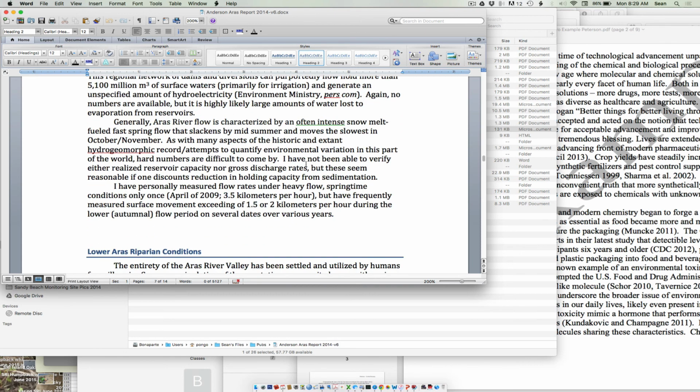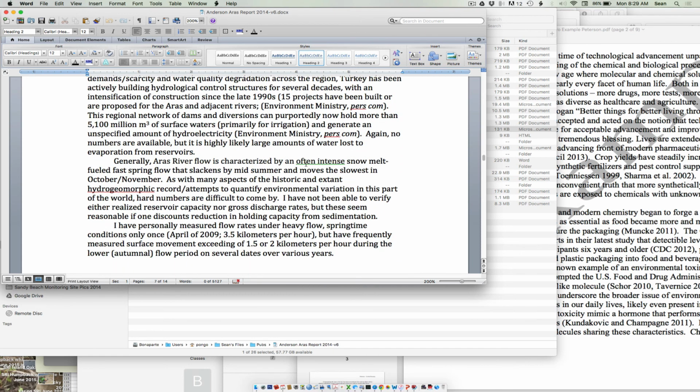And on and on. In this case, this is because nobody's ever written about this part of the world, or about this particular river and the things I'm talking about. So there really wasn't much to cite. Again, these are guidelines, and there are exceptions to all these rules, and there are justifications.